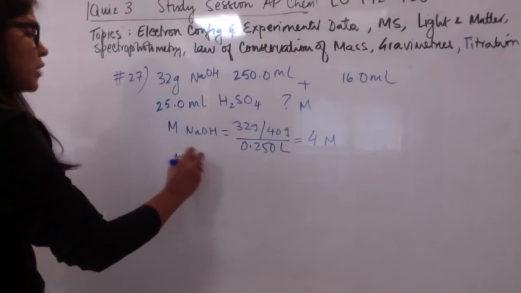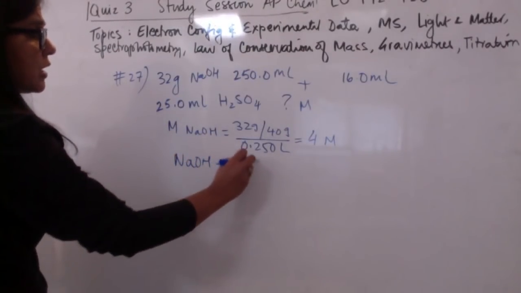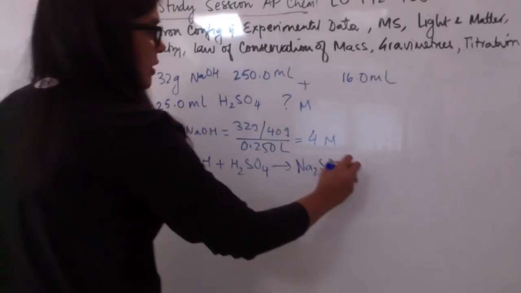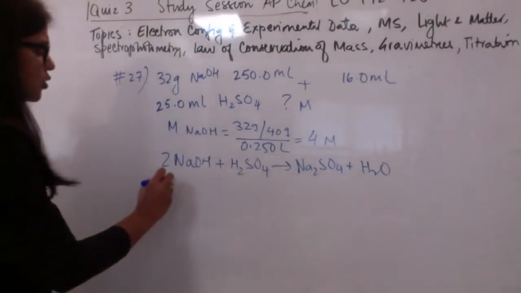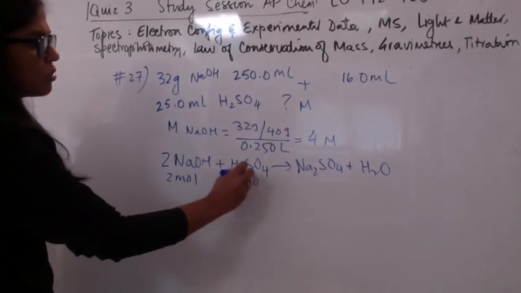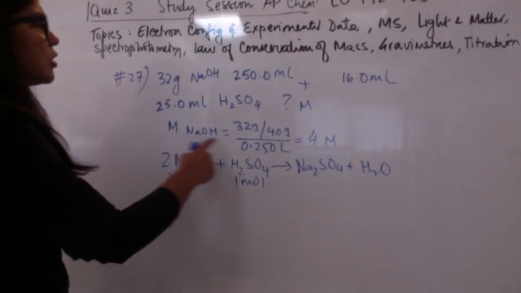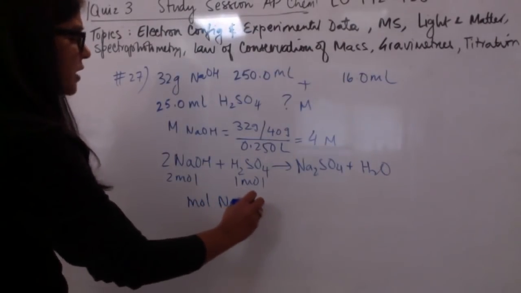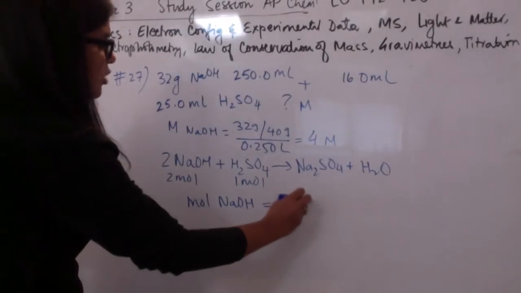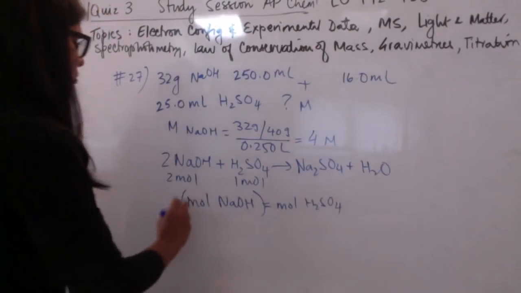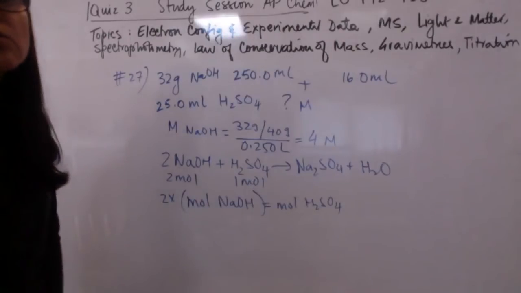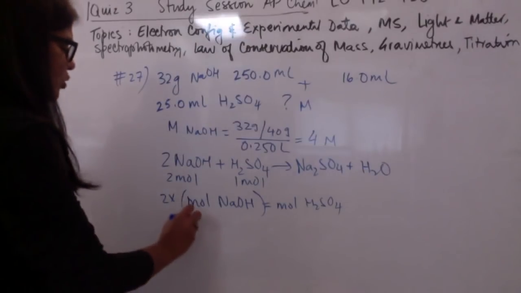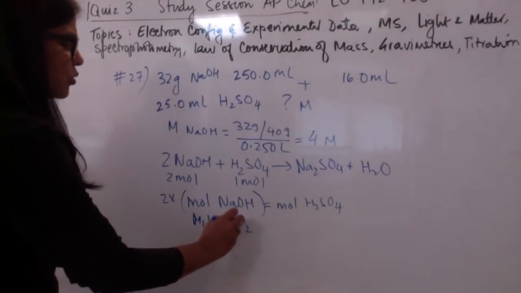Now we have to write the equation, or it will be given to you. NaOH plus H2SO4 gives Na2SO4, I will give it to you, plus H2O. So you know 2 moles of NaOH react with 1 mole of H2SO4. We got that from the equation. And now you will do M1V1 is equal to M2V2.